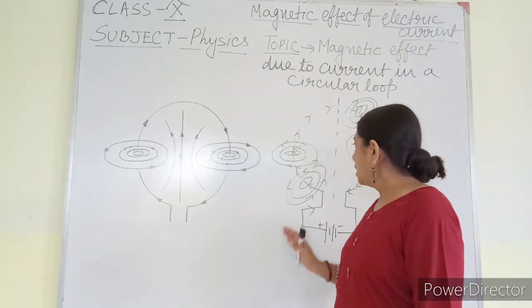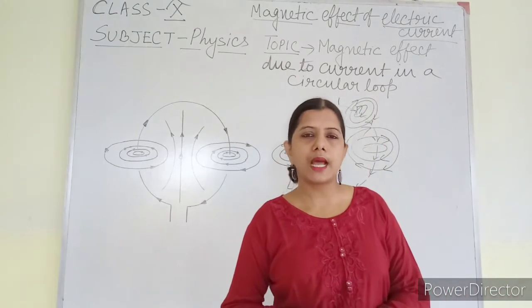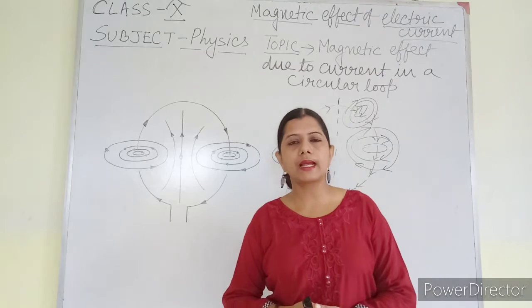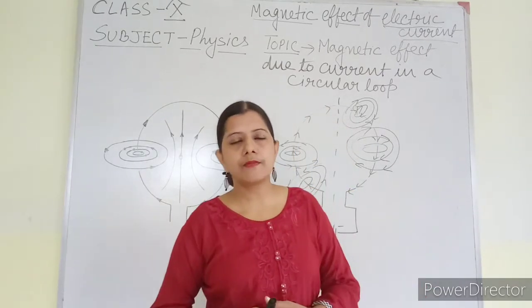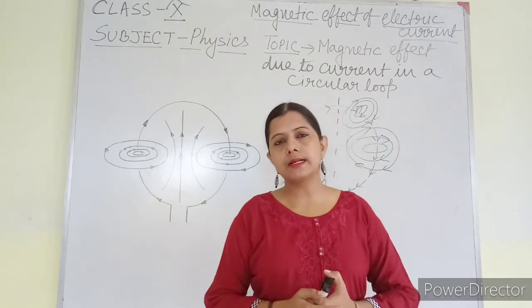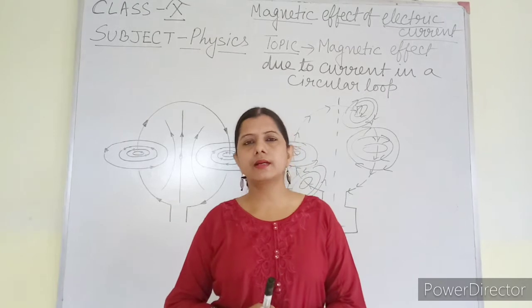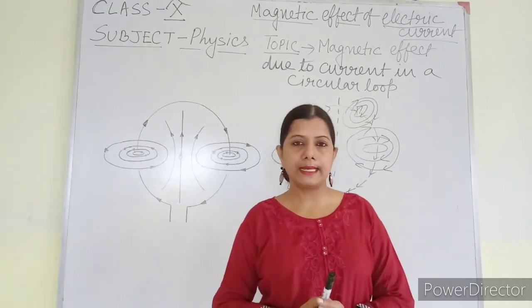Now how to get the poles of this magnet? When something behaves like a magnet, it must have two poles, south pole and north pole. There is a rule for how you get the poles, and in a straight current carrying conductor the same rule can be applied.